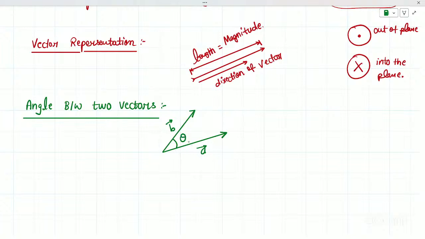Now, can we take this angle as the angle between two vectors? For that, we have to check the first thing.